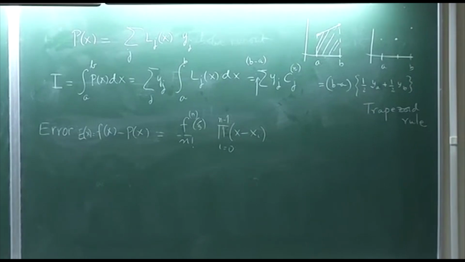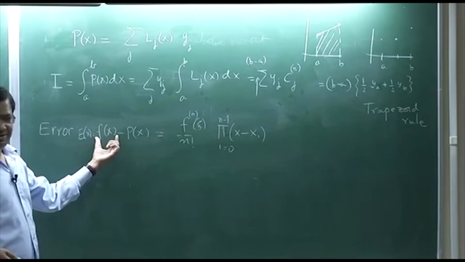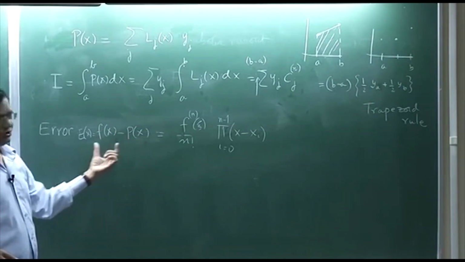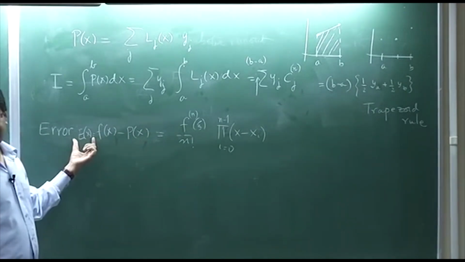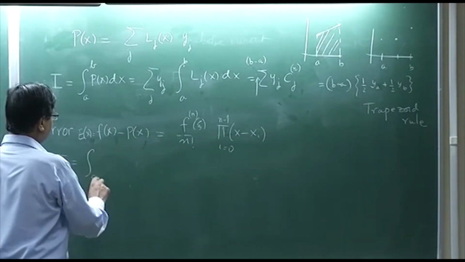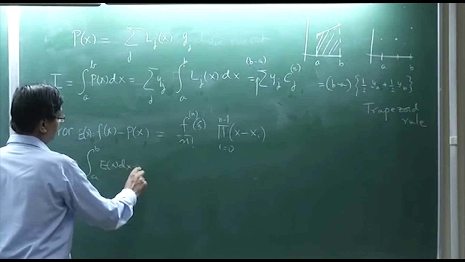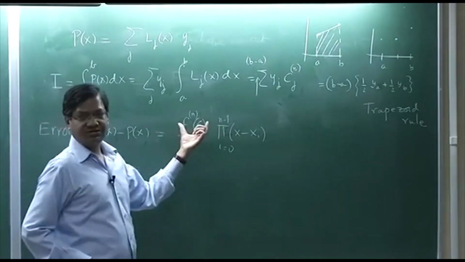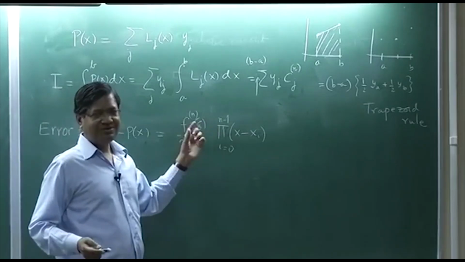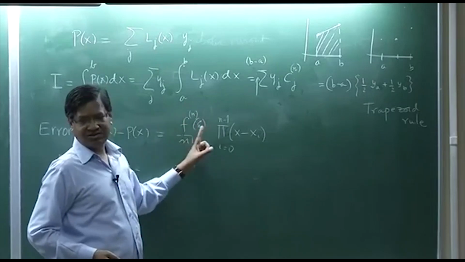Okay, so how do I estimate the error? So I wanted the integral of f(x) dx, but I computed the integral of p(x) dx. So the error is basically the integral of E(x) dx, so the error is the integral from a to b of E(x) dx. So this is a number. We don't know zeta, but we can make an estimate of this number, an upper bound on it.